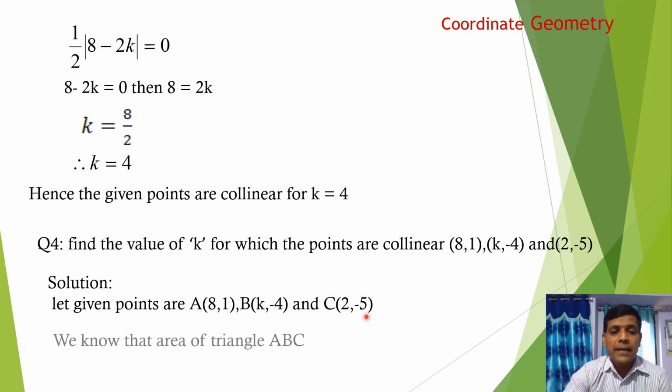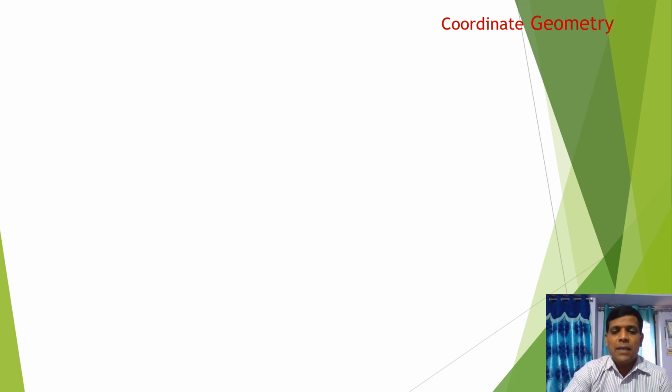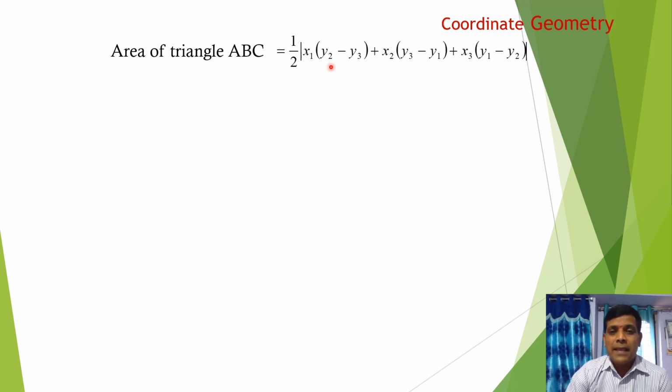So we know the area of triangle ABC is half mod of x1 into (y2 minus y3) plus x2 into (y3 minus y1) plus x3 into (y1 minus y2).